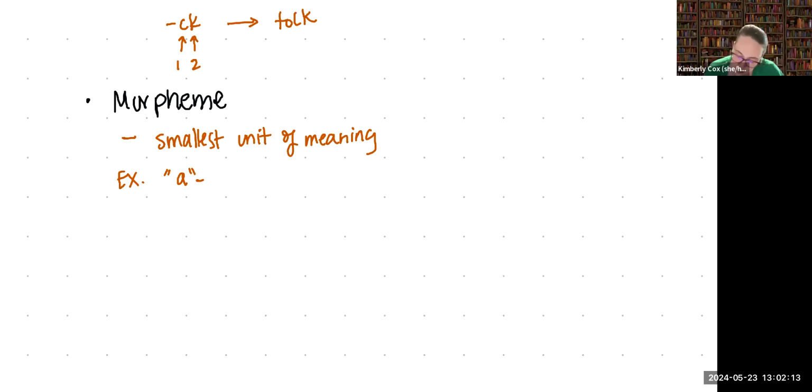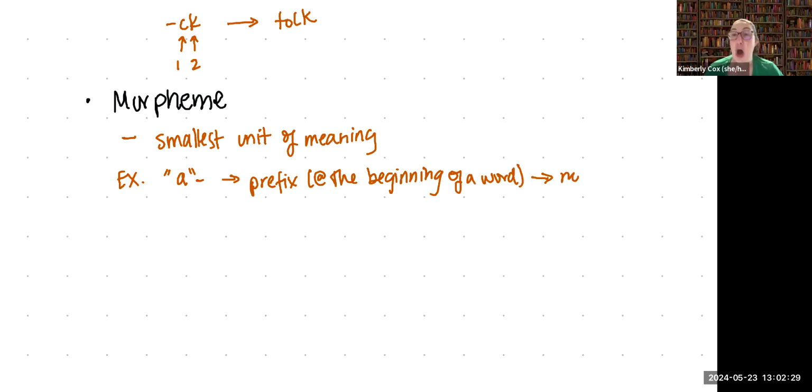It is traditionally used as a prefix, at the beginning of a word, and it usually means not, right? That's the meaning of the letter A on its own, as we tend to pair it with other words. So let me give you a few examples.